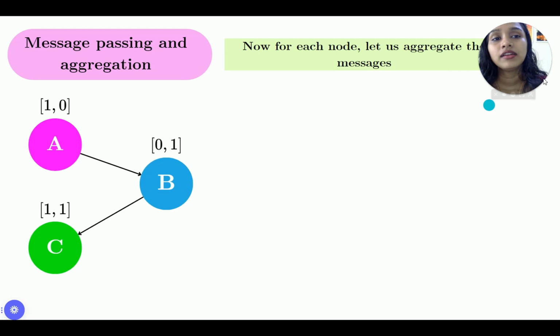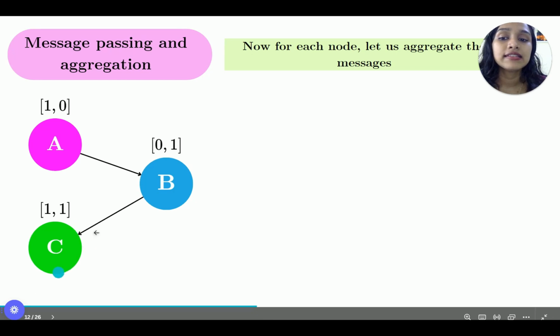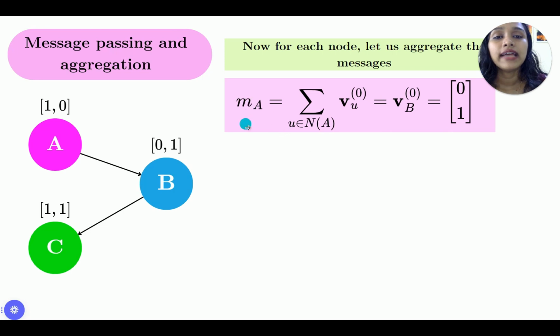Now for each node, let us aggregate the messages. A received its feature vector from node B, B from A and C, and C received its feature vector from node B. So the aggregated message for A becomes: A got its message from B, and the feature vector of B is 0, 1, so the aggregated message of A becomes 0, 1. Here we are using simple mean aggregation, or simply taking the average of the received feature vectors.